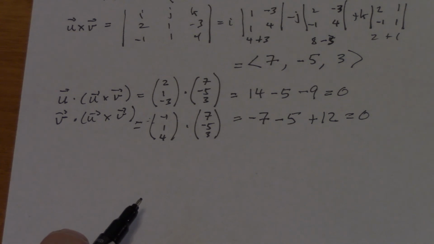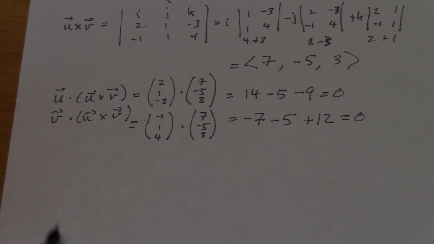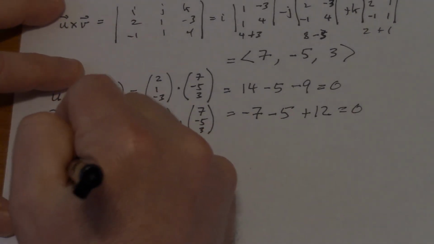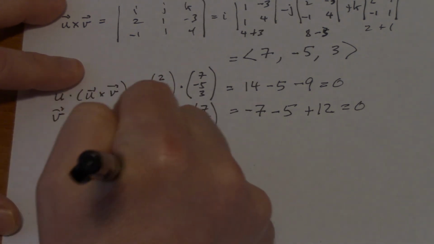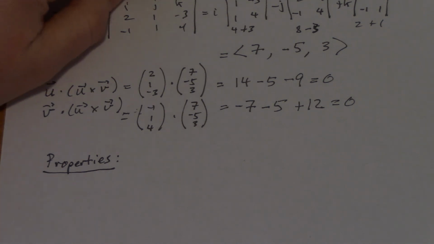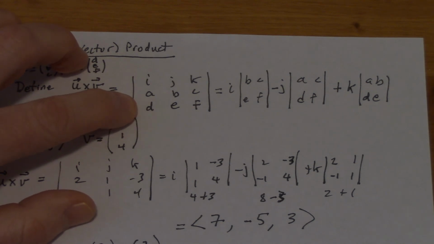Alright, so you remember from a previous lesson, we knew that if the dot product is 0, the vectors are perpendicular. So that's something significant. So let's list down some properties that we might want to know. First off, we talked before when we were doing matrices, if you switch any two rows of a determinant, that's going to basically change the sign of the determinant.